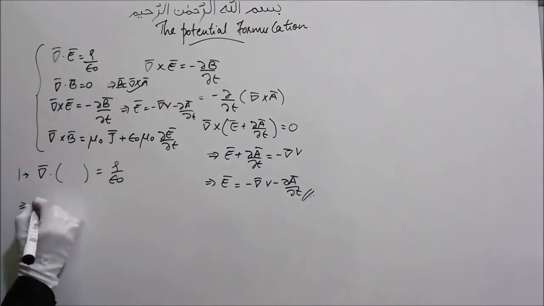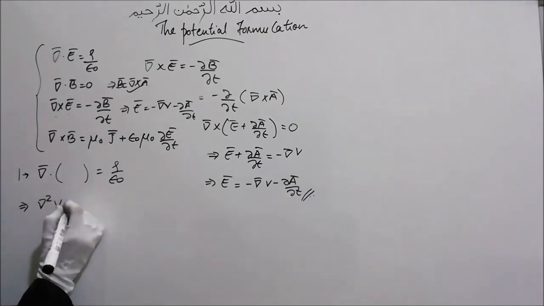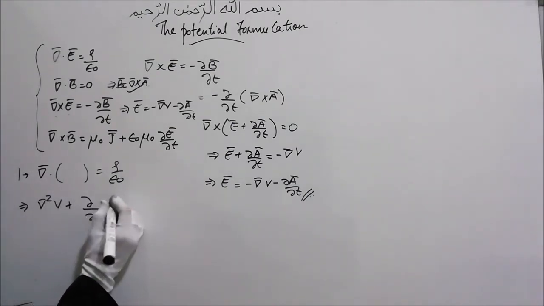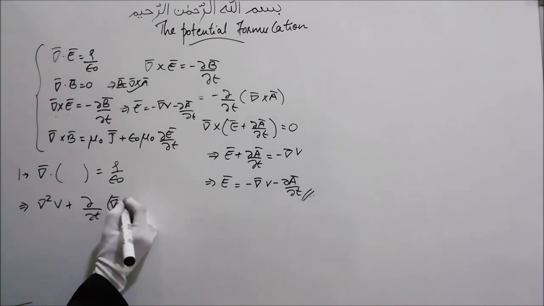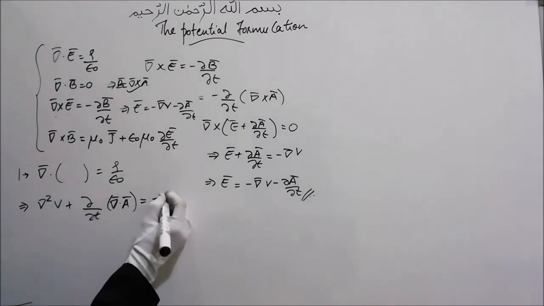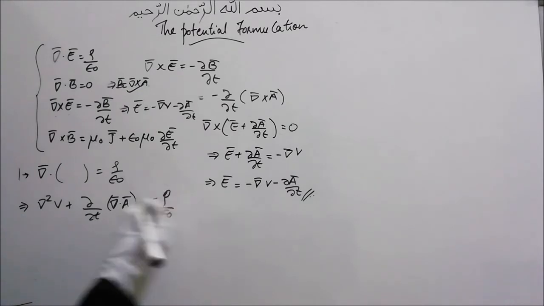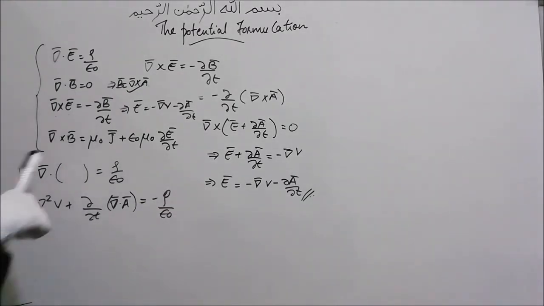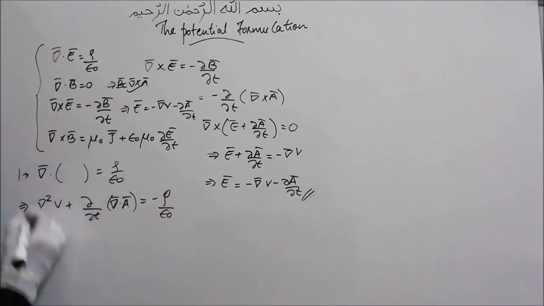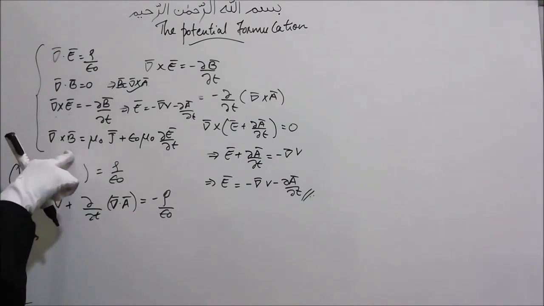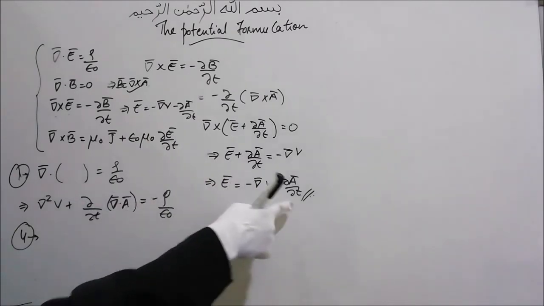We will get del squared V plus del by del t of del dot A is equal to minus rho upon epsilon naught. Similarly, in the fourth equation, put the value of B, that is del cross A, and in E put this value.